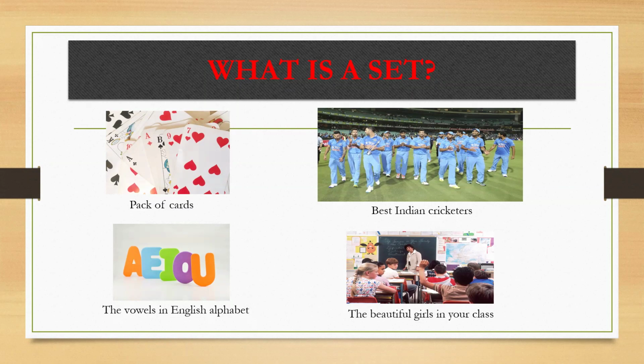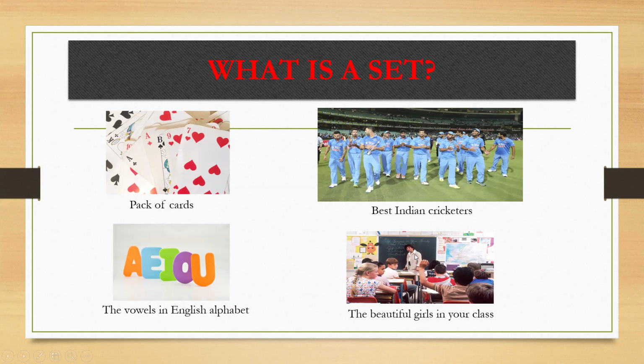Exactly no. Because the beauty is defined in different terms based on each person. For someone, beauty will be based on the eyes. For someone, beauty will be based on the texture of the hair of the girl or the length of the hair and so on.